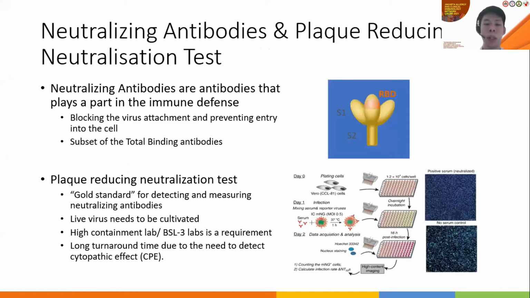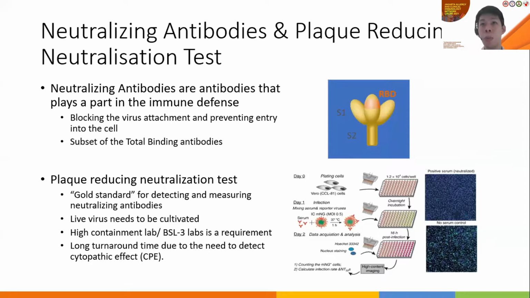The next thing I would like to share is the concept of neutralizing antibodies and plaque reduction assays. Neutralizing antibodies play a part in the immune defense in the event of SARS-CoV-2 infection. Essentially, they block the virus attachment process, preventing the virus from entering the cell.